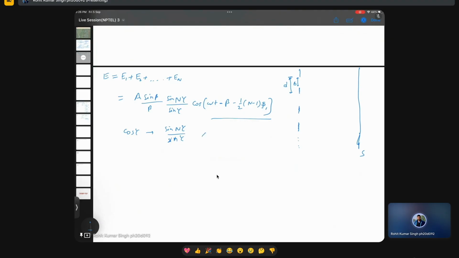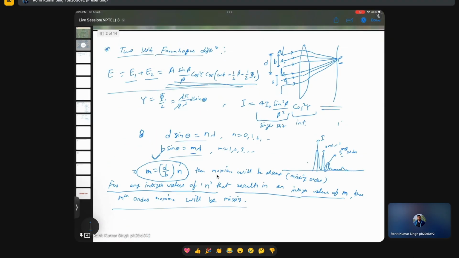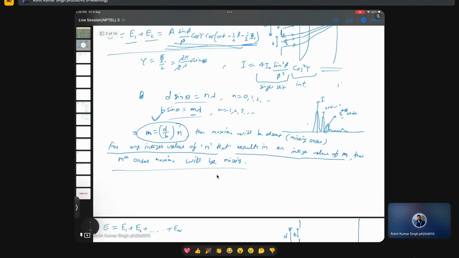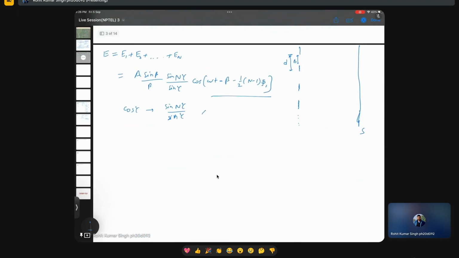And instead of half phi 1 you now have half of n minus 1 times phi 1, which is basically the total phase shift from the first to the nth slit, divided by 2 obviously.